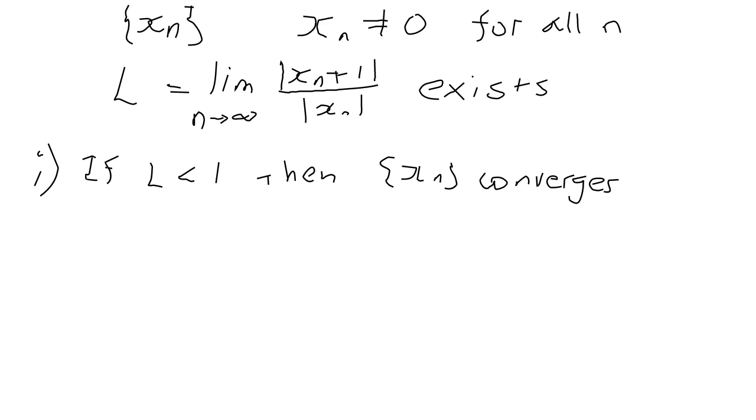If the limit L is less than 1, then the sequence x sub n converges, and the limit of the sequence, here's what is interesting, is equal to 0. A pretty proof for it, but pretty long too. So I'm not going to go through that. Even when asking you to remember the proofs and prove them back in the exam, I wouldn't ask you to prove this one. One of the longest proofs I've seen. But it actually makes sense.